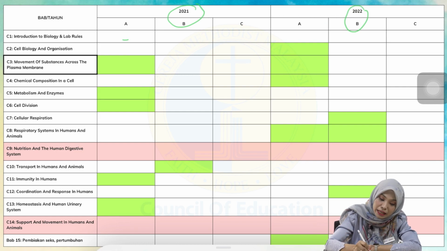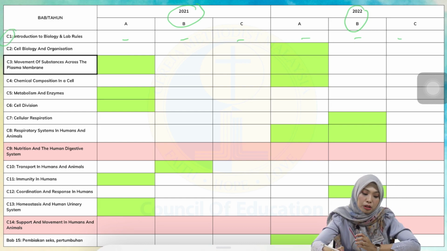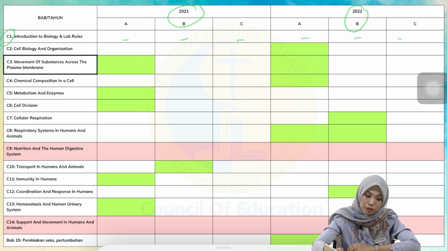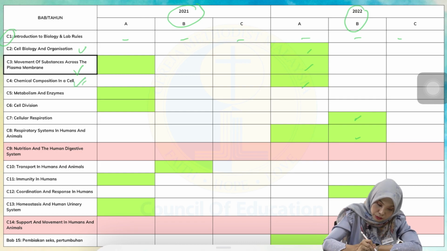I didn't put any signs for the first chapter in Form 4. It means that for the time being, for 2021 to 2022, no questions were asked about Chapter 1. But you start to see, in 2022, all the green highlighted topics. We have Chapter 2 here, we have Chapter 3, we have one for Chapter 4. Again, you see Chapter 5, Cell Division, Chapter 6, you will see Cellular Respiration, Chapter 7, Chapter 8.